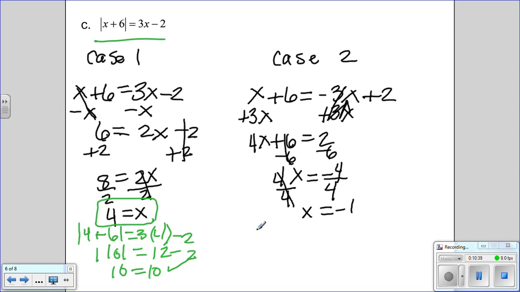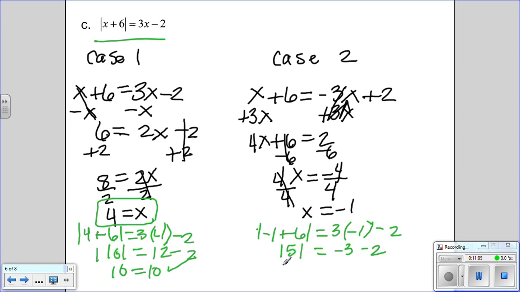Okay, let's try x equals -1 in the original equation, the original form of the problem. So I've got the absolute value of -1 plus 6. Is it equal to 3 times -1 minus 2? Okay, so the absolute value of -1 plus 6, that's the absolute value of 5. And then on the right side, 3 times -1, that's -3 minus 2.